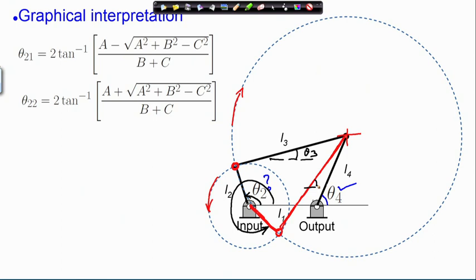So, every time please remember that when you take this tangent inverse, please use the a tan 2 function, a tan 2 y comma x, to get the correct quadrant. So, this makes it amenable for computer programming.